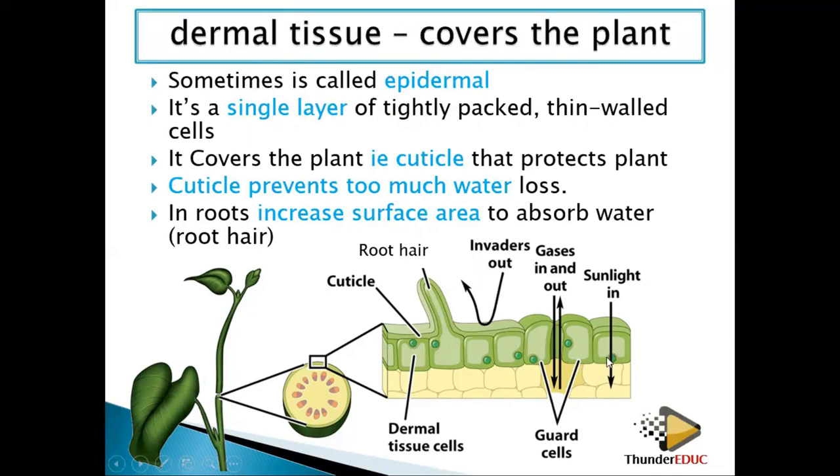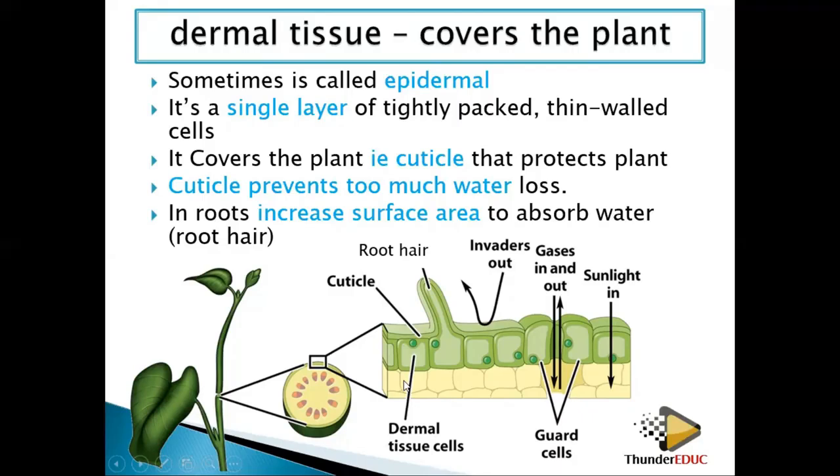You see that it's one layer thick. Yes, we have the guard cells. These have been modified into guard cells, to allow air to go in and out of the plant. So basically, this is just an illustration, so that you can understand the epidermal cells clearly.